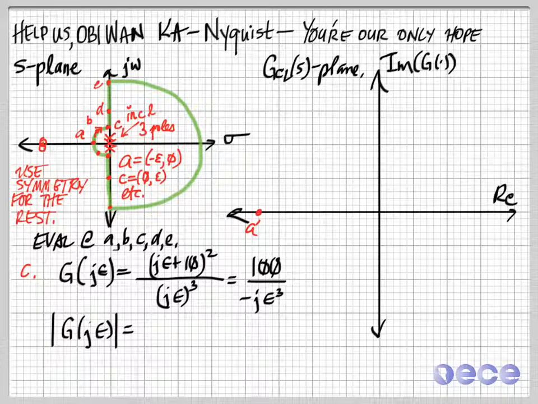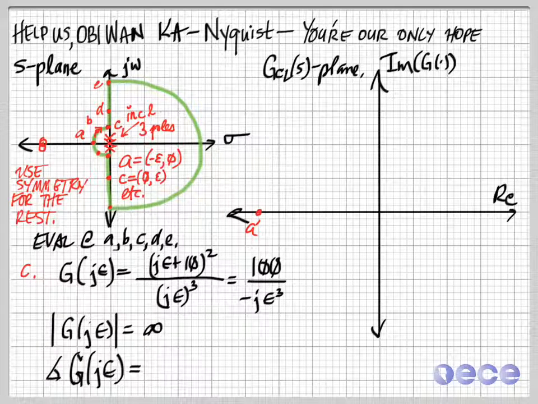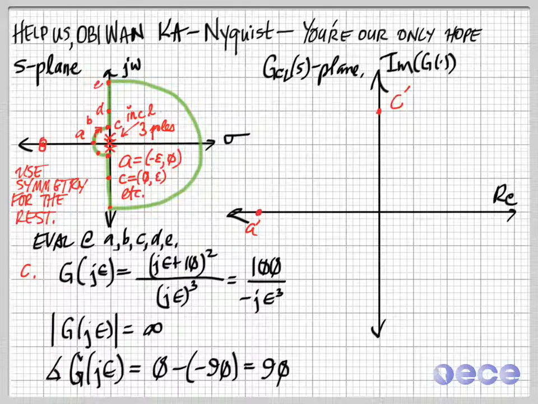So the gain, again, is 100 divided by a really small number. Let's say that that's infinity. The angle is 0 minus, and then again we have in the denominator an angle of minus 90. So we're going to subtract away minus 90 to give us an angle of 90. So infinity and 90 degrees is where the point C prime is going to be.